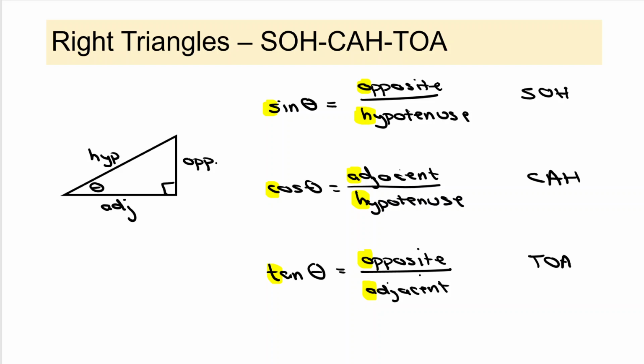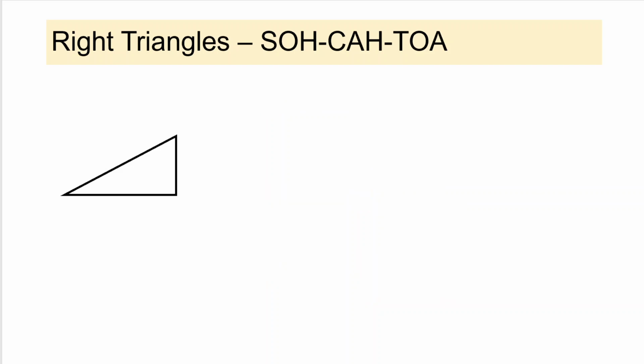Okay? All right, so let's do a little example here. So I have a right triangle. There's my right angle. Here's my theta. For this particular right triangle, this side has a measure of 5, this one has a measure of 12, and this one has a measure of 13. So I want to find the values of sine, cosine, and tangent of theta.